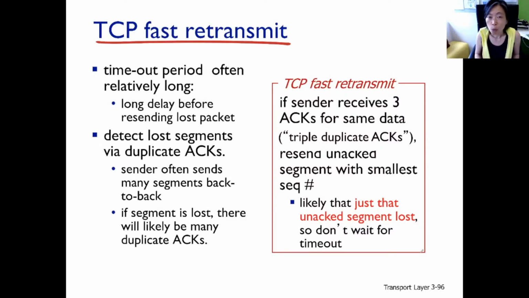But what if the packets going out did not hit a congestion point? Okay. And we just have a random lost packet in the middle of it. What does the receiver do there? Yeah, it's going to get packets in order and then a random loss. All the subsequent packets arriving out of order are going to generate duplicate ACKs coming back to the sender.